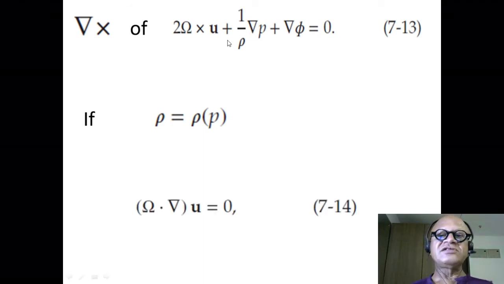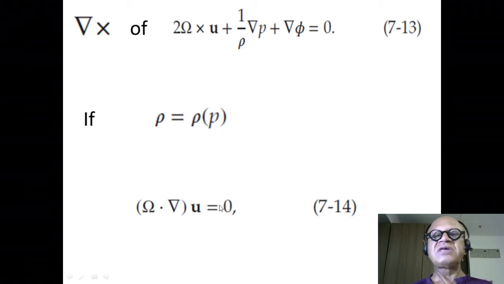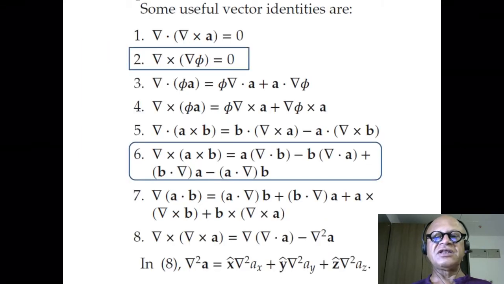So in that case, this equation basically becomes, you can go through the calculus and show that omega dot grad u equals 0. This is the same equation we wrote before, where we said dUg/dz and dVg/dz were 0. So these are the two main vector identities we need.